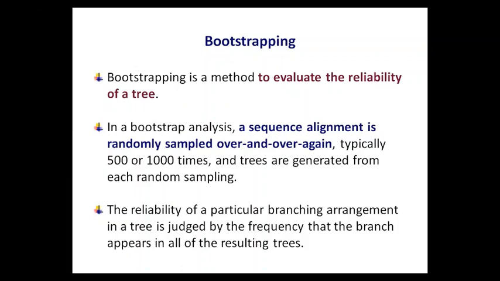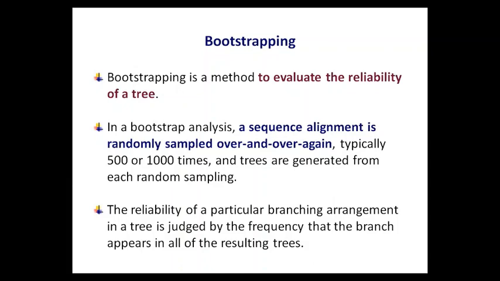By using the same UPGMA method over and over again, the analysis will be done by the system by picking different sets of values randomly from the total set of sequences. Say, for example, we have taken 12 different sequences. Sometimes the system will take 11 of them randomly, another set of 11 will be taken randomly the second time, or maybe 10 at a time, 7 at a time, 6 at a time, and every time, by applying the same method, the system will try to develop the phylogenetic tree.